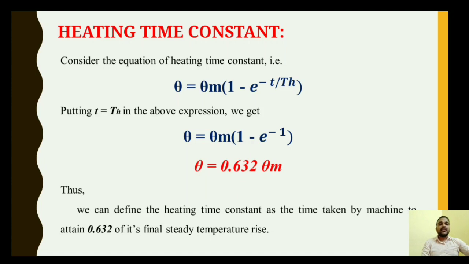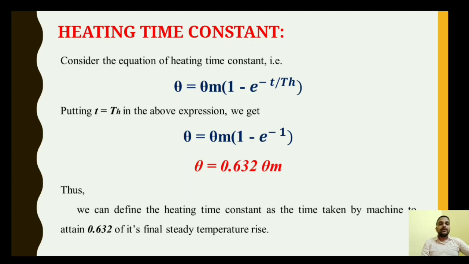For any condition, if we have to derive a constant, the overall equation has to be considered a constant only. Here, t is variable in nature, so we have to put t equals th, so that the overall equation can be considered a constant. Putting t equals th in the above expression, we get theta equals theta m (1 minus e to the power minus 1). Why 1?